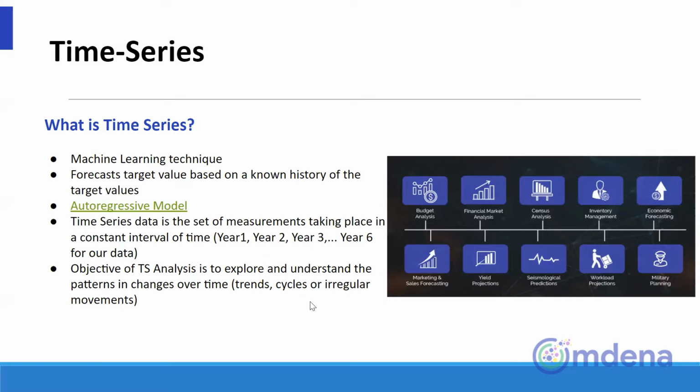In our case of climate change, we found that if we group the data by certain variables, there are certain buildings that repeat themselves, and that was the reason behind using time series for this use case. It forecasts the target value based upon a known history of the target value, so it's taking itself into account. It's an autoregressive model.